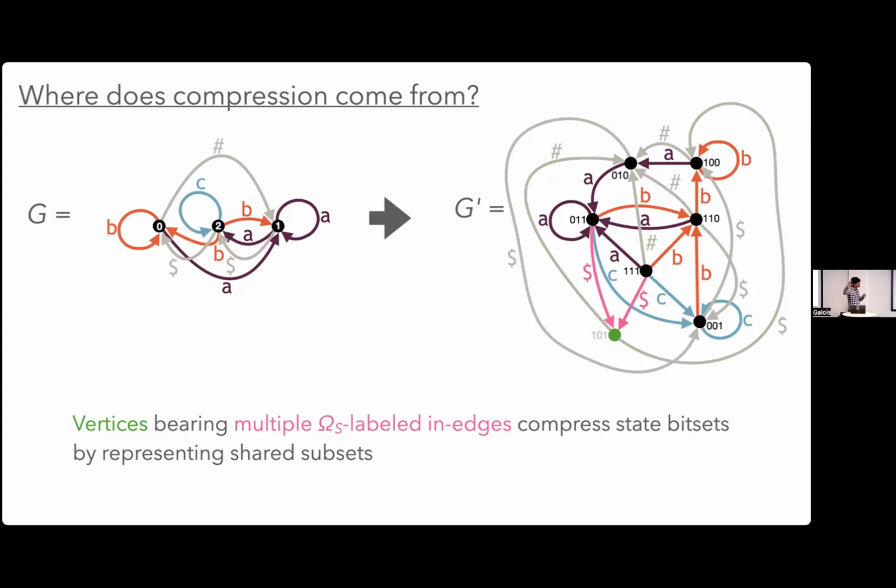So you have this transformed graph where you have a bunch of these vertices and they're all pointing at each other on the sentinel alphabet. And they're all saying, hey, we share subsets. And we're representing subsets as shared via other subsets. And that's where the compression in this index is coming from.